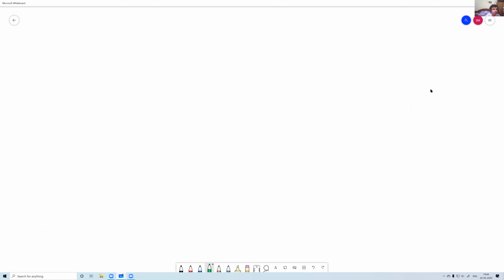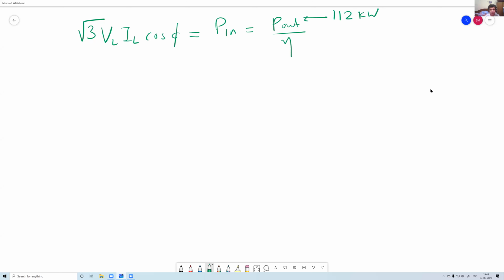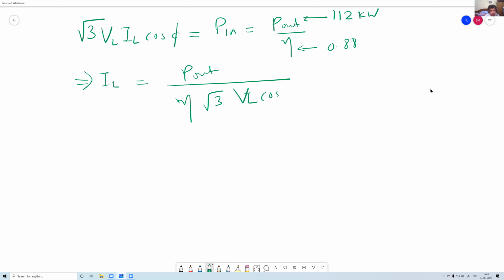Total power is root 3 times VL IL cos phi, that is P in, that is P out by eta. P out is 112 kilowatts. Eta is 0.88. So IL has to be P out by eta root 3 VL cos phi.